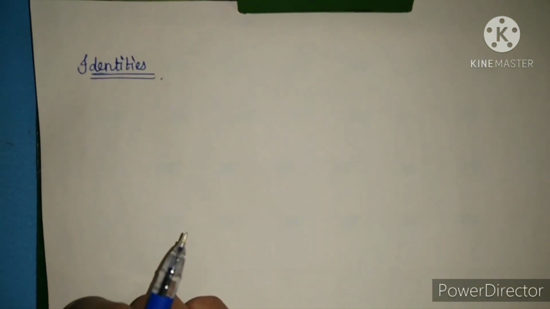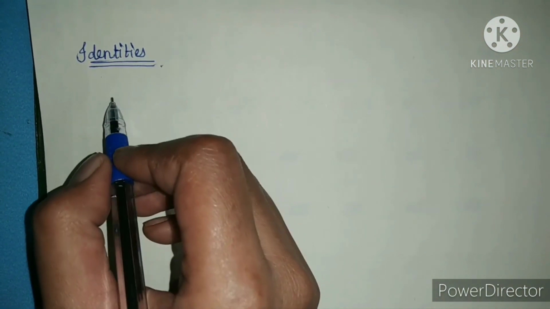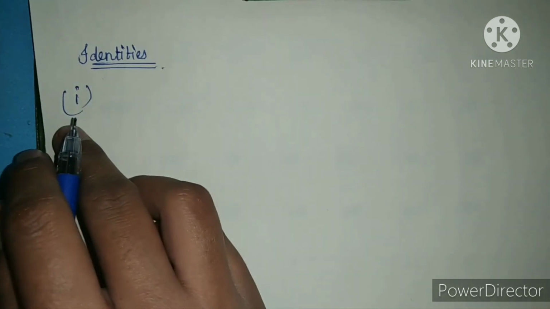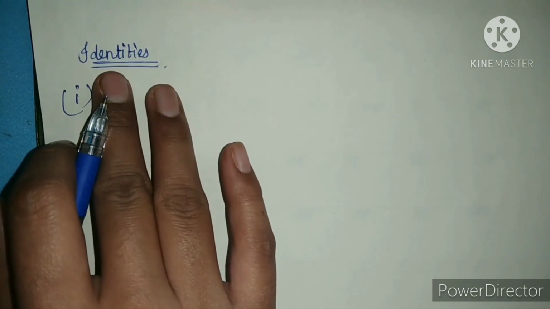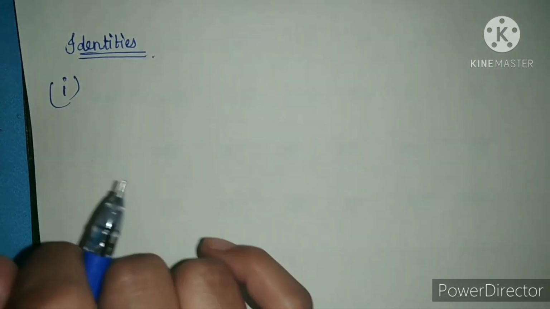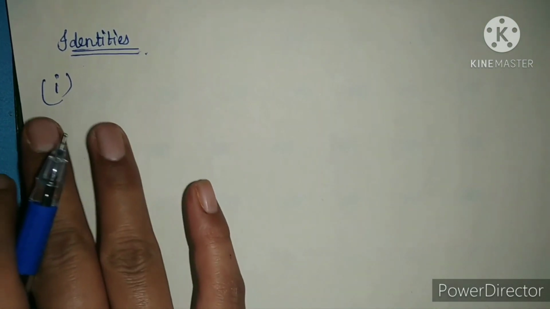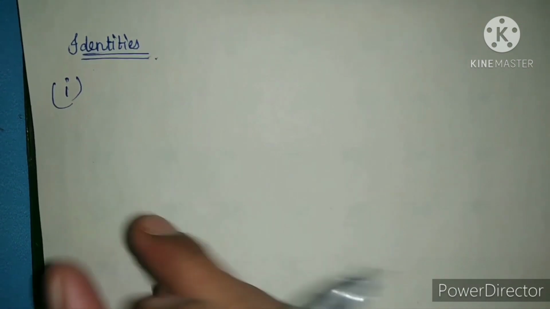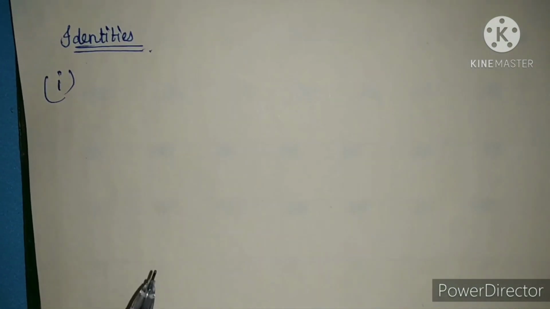Now the last topic of this exercise is identities. In this chapter we have 3 identities. So first identity. Before starting the first identity, what is the meaning of identity? Identity will help us to get the answer in the form of a formula, or it can also be used to check an answer as LHS is equal to RHS.